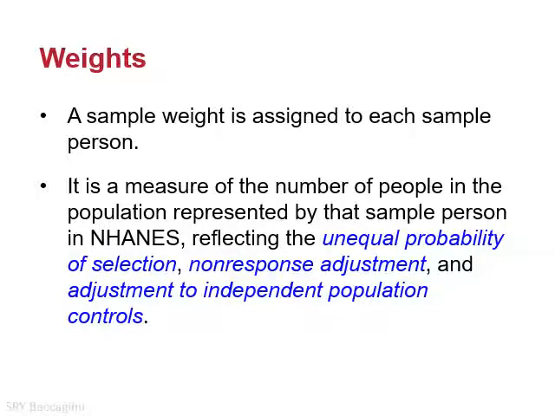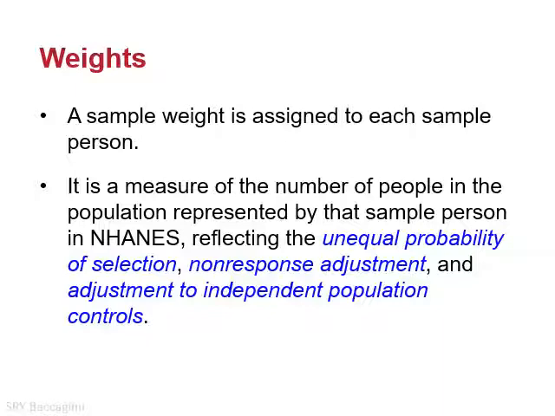So there are a number of features used in national surveys, including NHANES. So we assign a sample weight to each person. The sample weight is essentially how many people you represent if you are that person.